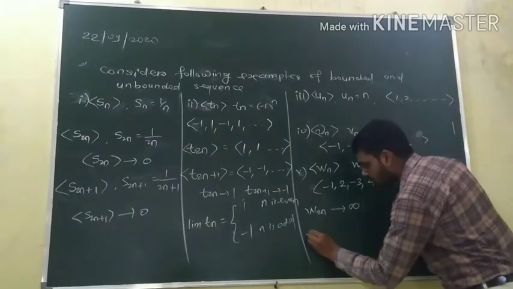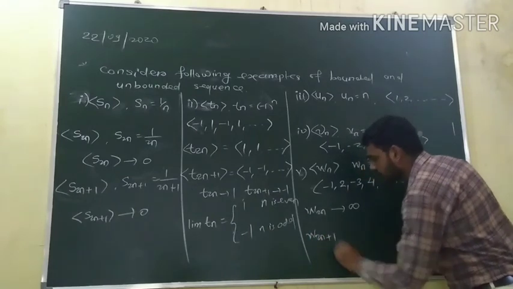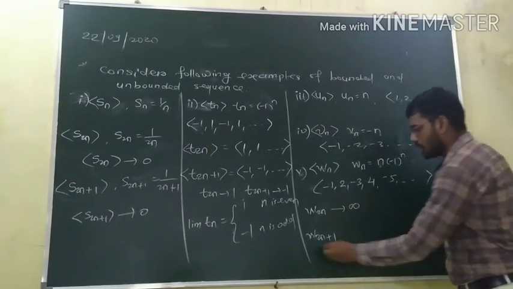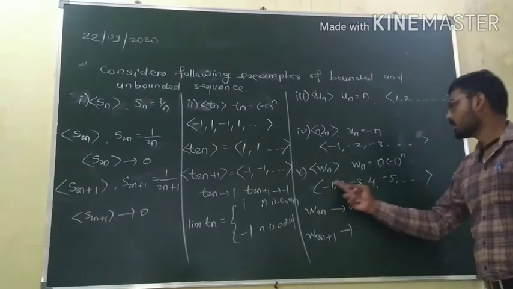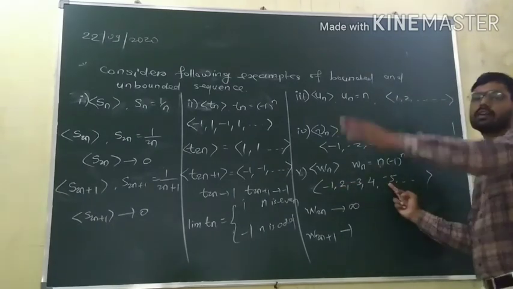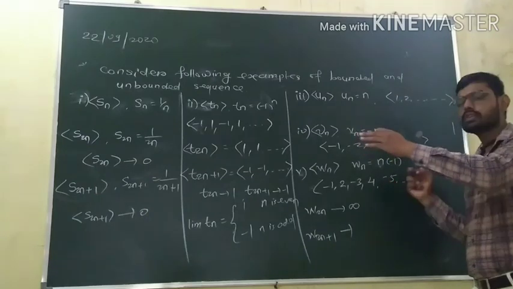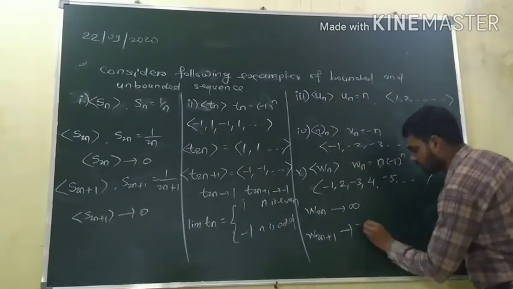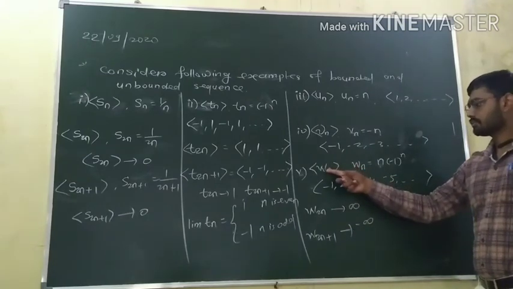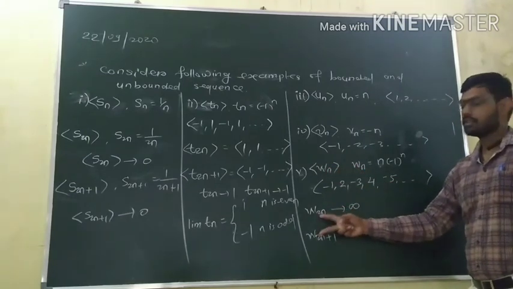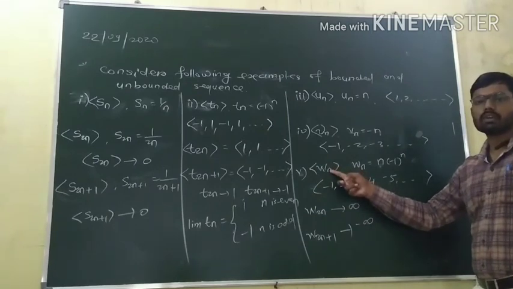Also, the subsequence of odd positions, W2n+1, has the elements minus 1, minus 3, minus 5, and so on. So this subsequence tends to minus infinity. Okay. So both subsequences of this sequence are divergent. So the original sequence must be divergent.